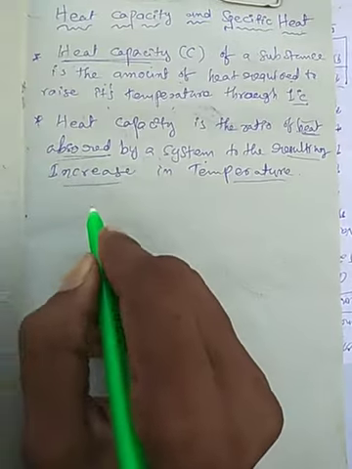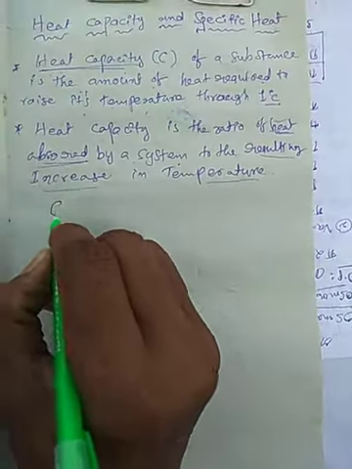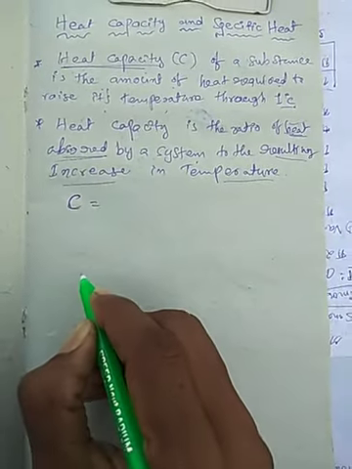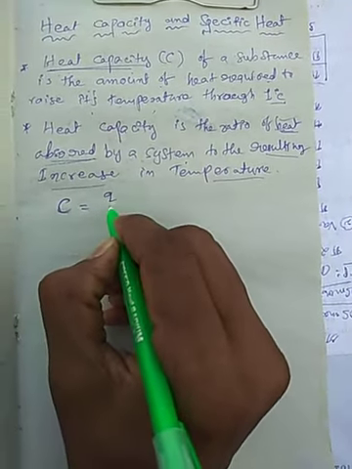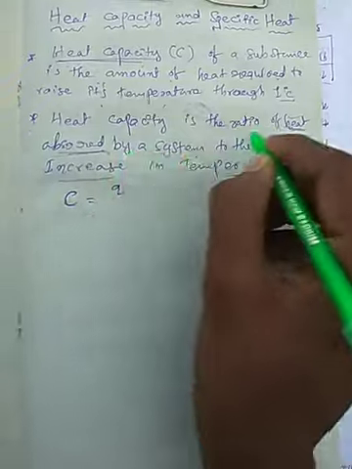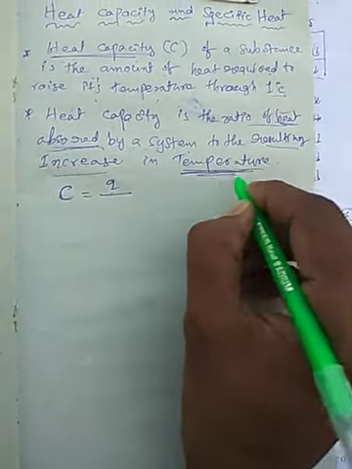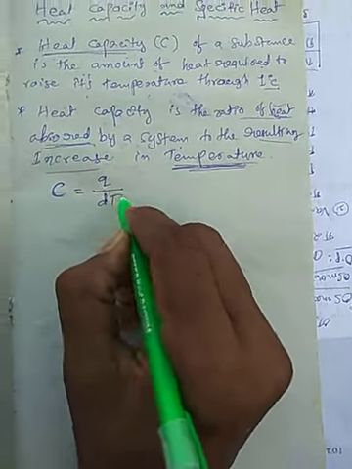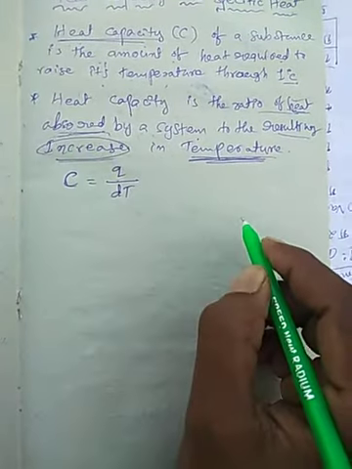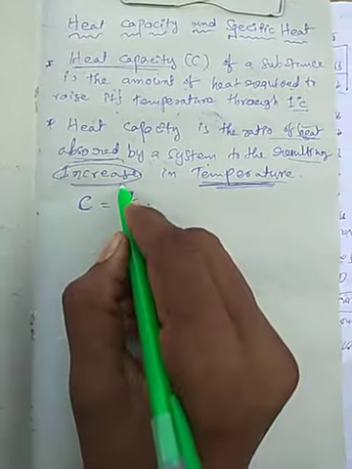Then we can write it, represented as heat capacity symbol C. Heat is absorbed, then the temperature also will change, that is the change in temperature, an increase.